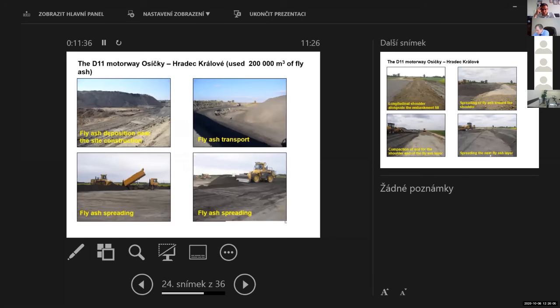And there are some practical applications from one motorway in the Czech Republic. The advantage of this project was the deposition of fly ash near the construction site. Fly ash was transported, then spread by trucks and by dozers.